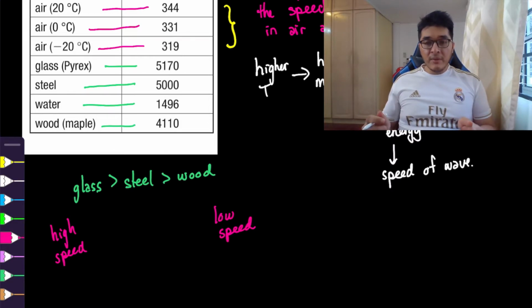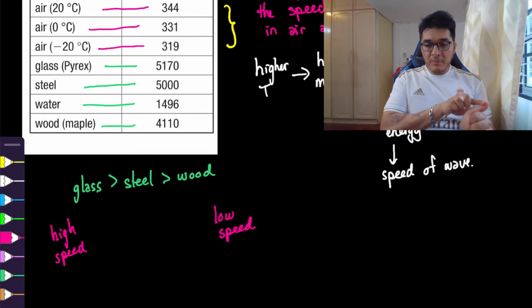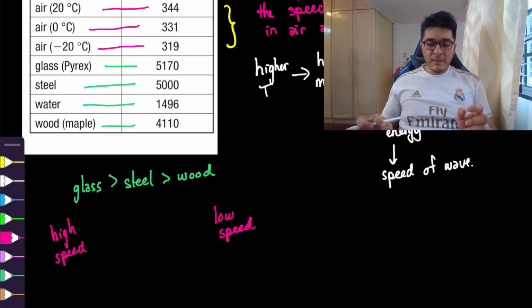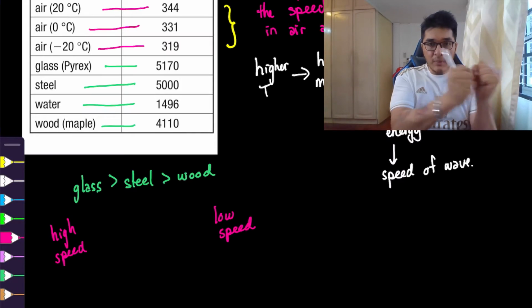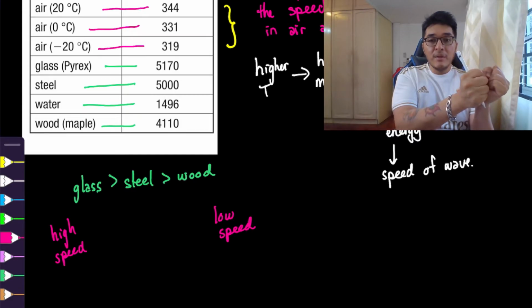Because the speed of sound depends on the medium only. And for the medium, we looked at temperature, but we also look at the density of the medium. In this case, glass is more dense than steel, and it's more dense than wood. The more dense the material is, by density we mean the number of particles in an area, the closer the particles are to each other, so when they collide, it occurs more frequently.